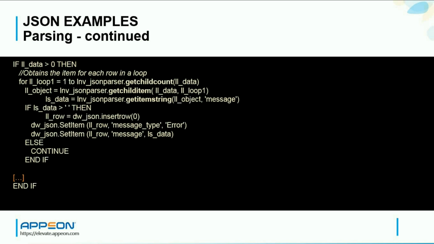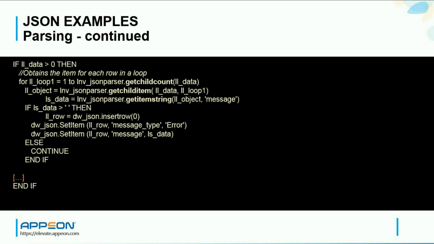Now that we have the item, we can ask for a child count. This is effectively getting a row count. And each row then has its object, and so we address it by the row number by getting a child item. Then inside that, we go look for an item string called message and get that value.